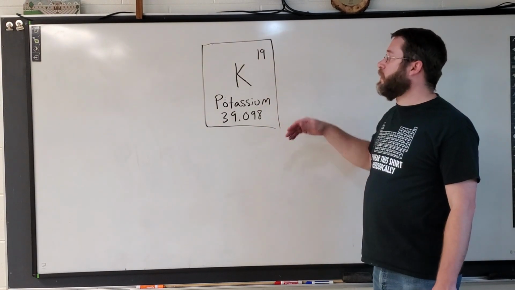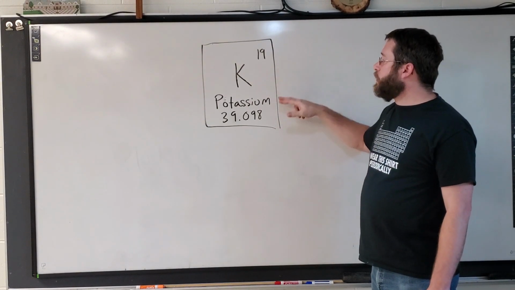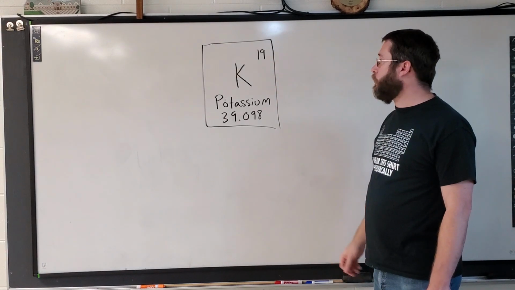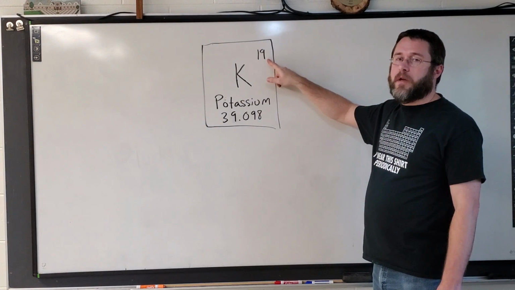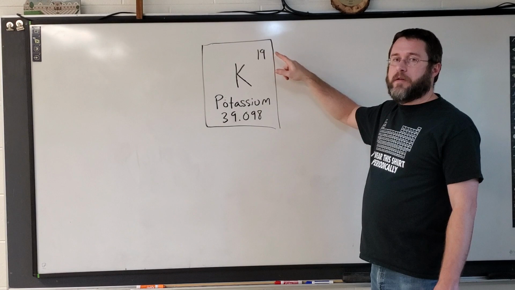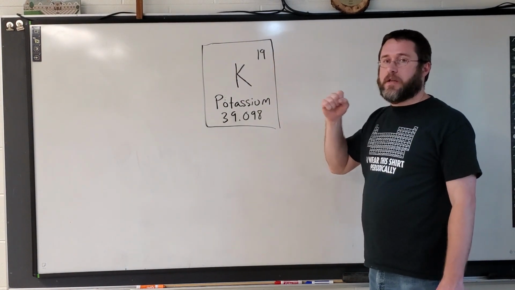In other cases, it's a different symbol. So K is potassium. Up in the top left or top right corner would be the atomic number. The atomic number is the same as the number of protons in the nucleus. So potassium has 19 protons in that center cluster.